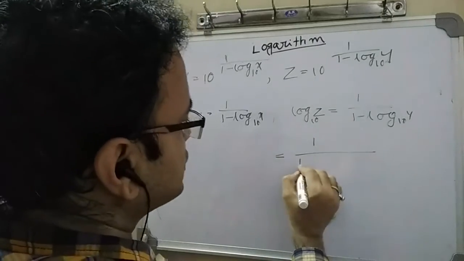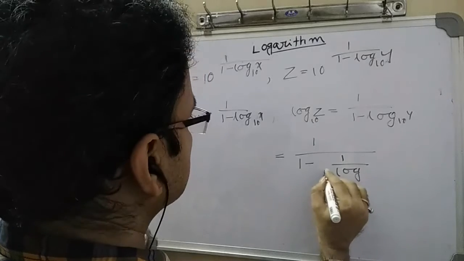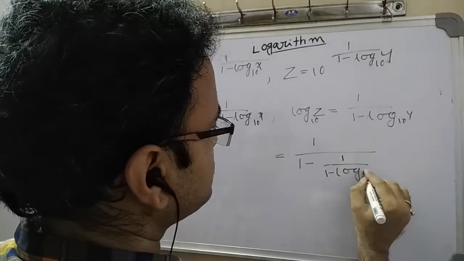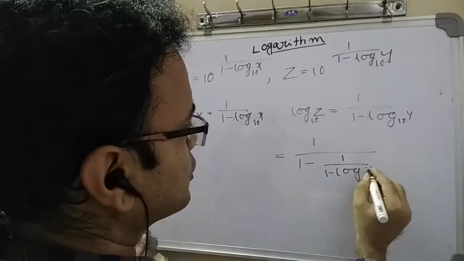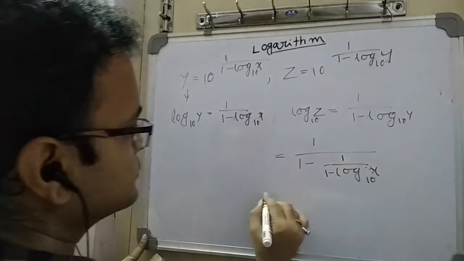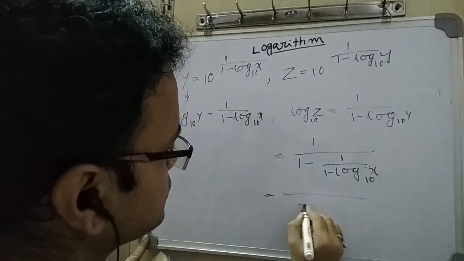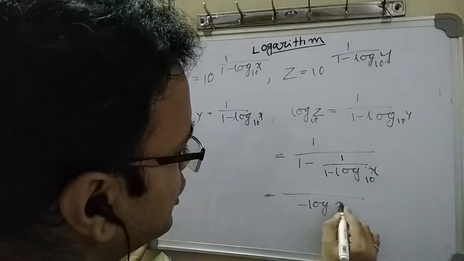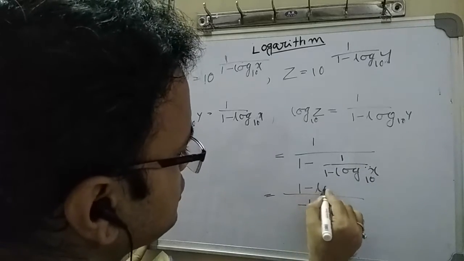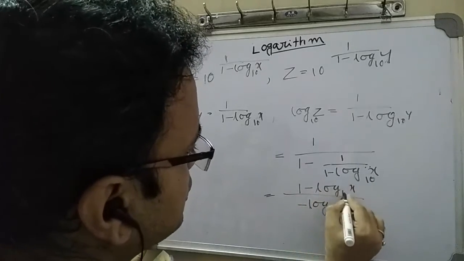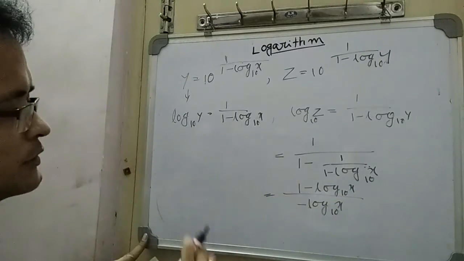The calculation is a little bit bigger, otherwise the problem is easy. This is log x base 10. So when you subtract it, you will have log x base 10 by 1 minus this. So log z equal to this.